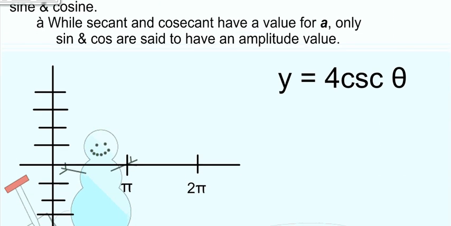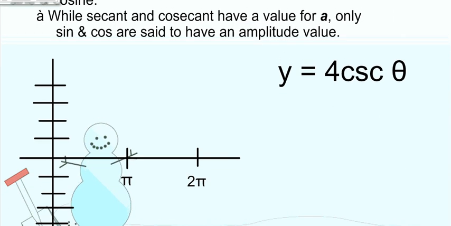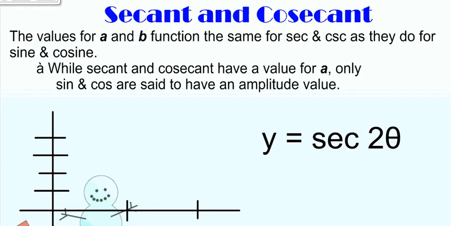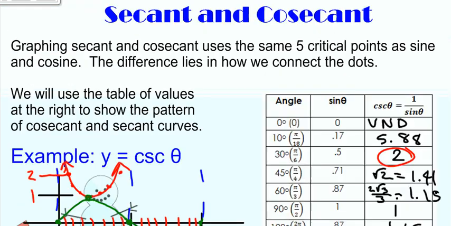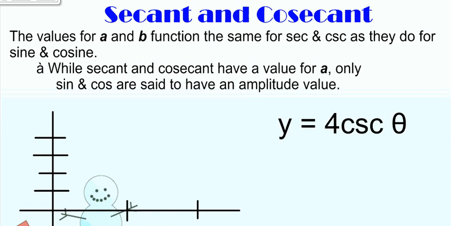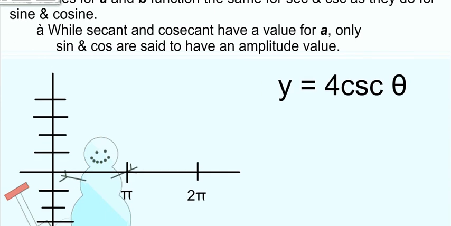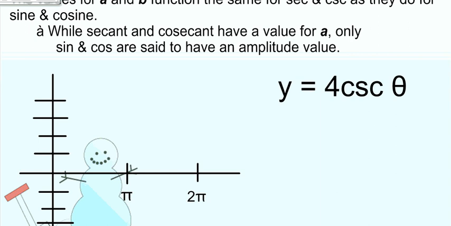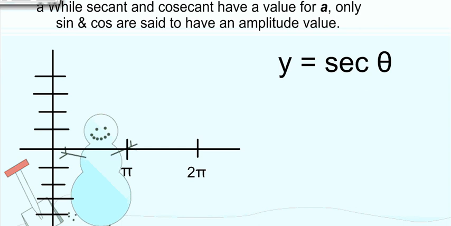Okay, so let's look at an example of just the cosecant, and then we will, okay, so we need to draw in the secant one. So let me just add that in a sec. Okay, so the secant graph is what we're going to graph as well.